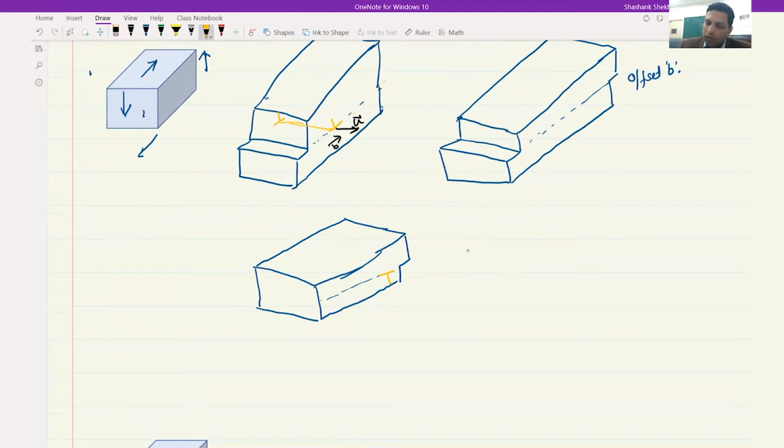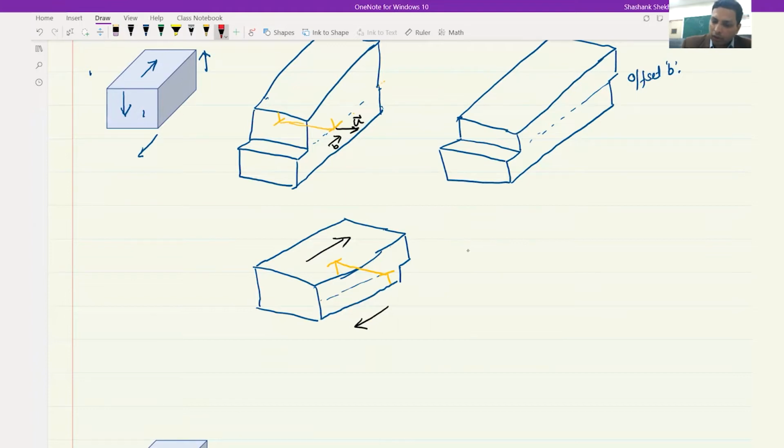So a dislocation is generated from here, and it is like this. So it generates and leads to the offset B. This is the opposite sense dislocation, and when it keeps moving, we are applying a stress like this, so there is a shear stress in this direction and in this direction, and because of this the dislocation keeps moving in this particular direction.